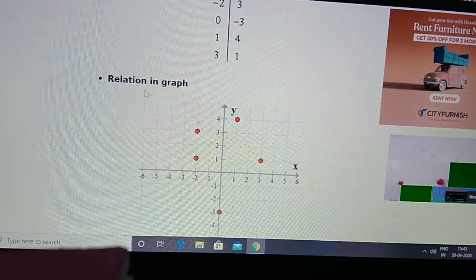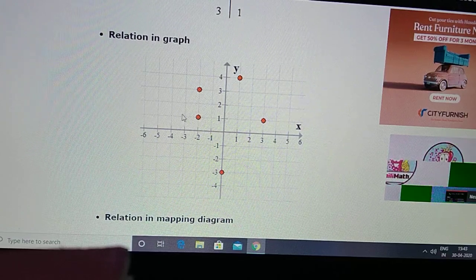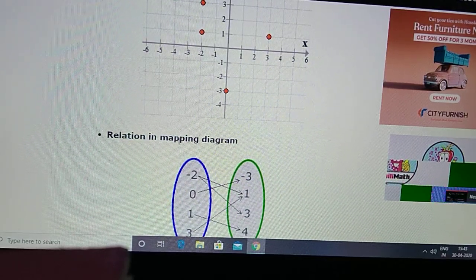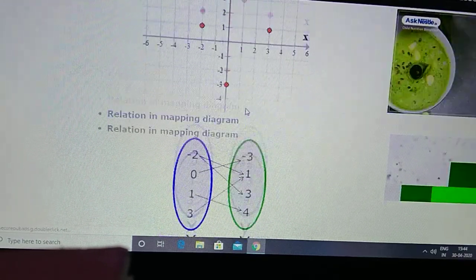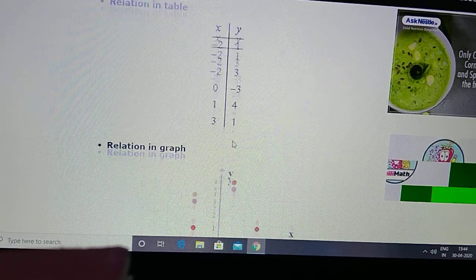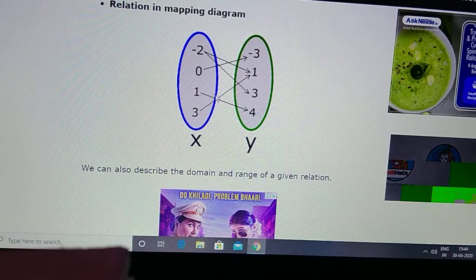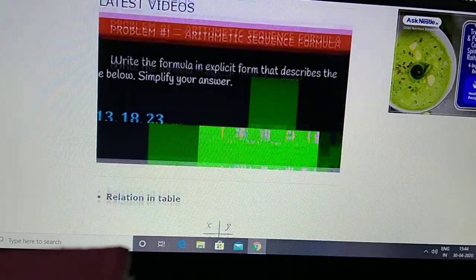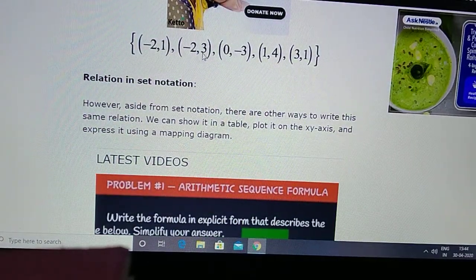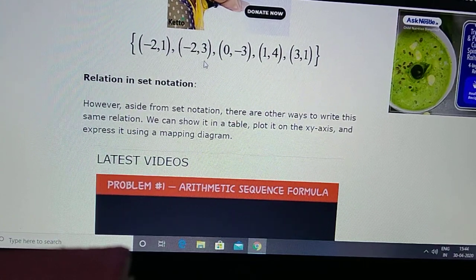I hope you have understood, because you have already read this in 9th and 10th standard. This can also be represented in a Venn diagram. How do we represent it? Simple, we do not repeat anything: x has -2, 0, 1, 3 and y has -3, 1, 3, 4. Looking at the relations, -2 is written 2 times, meaning -2 has a relation with 1 and with 3.